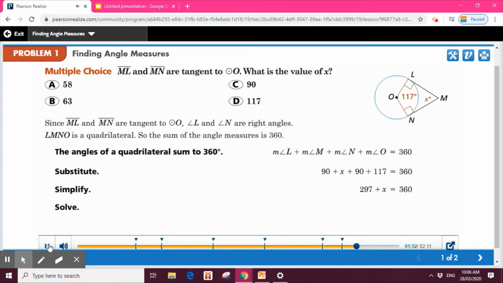Finally, solve for the measure of angle M. So the value of x is 63. The correct answer is B.